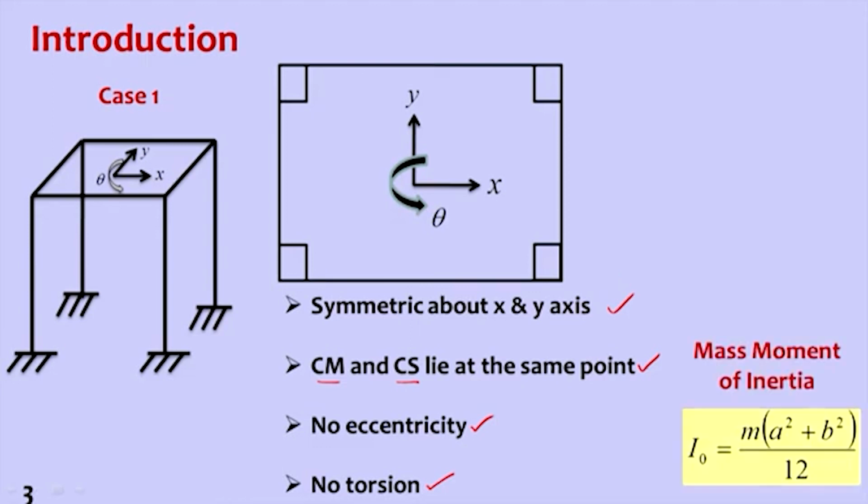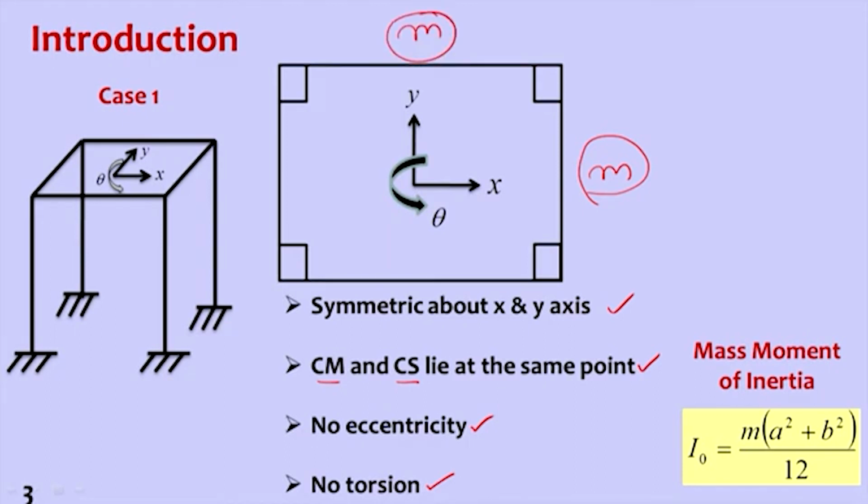Next, this is the mass moment of inertia. If the slab is moving in one direction, how much mass is contributing to its motion? The entire mass is vibrating in one direction, so the inertia force will consider the total mass. If it is translating in y direction, the entire mass is contributing.